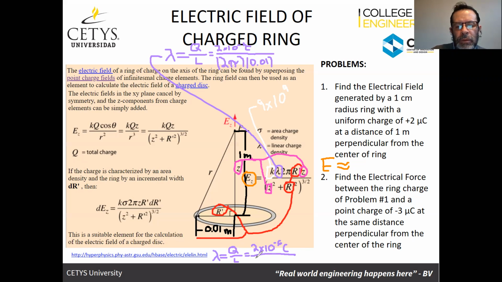And we're going to have 2 pi multiplied by R, 0.01.